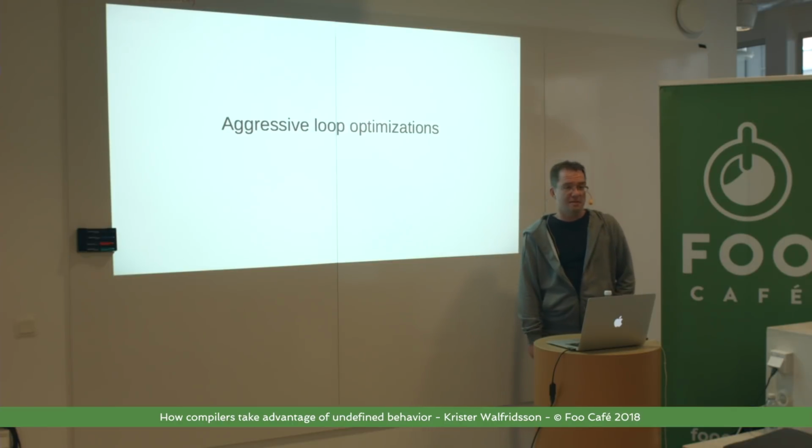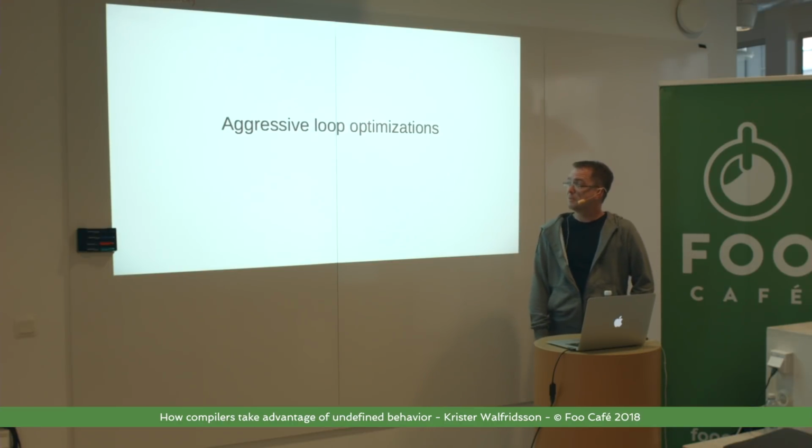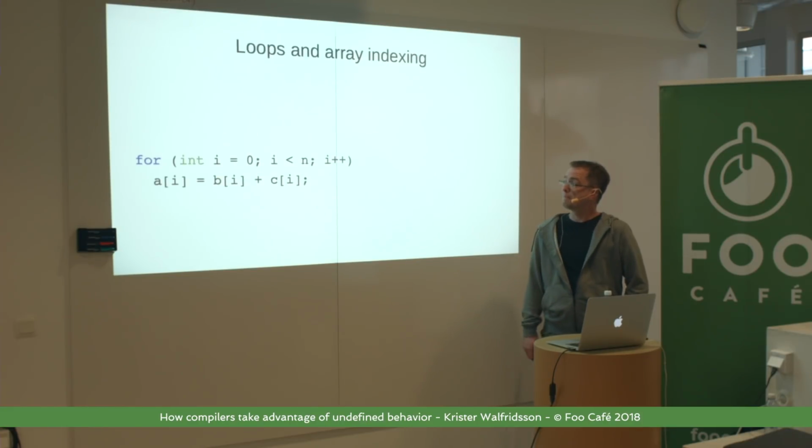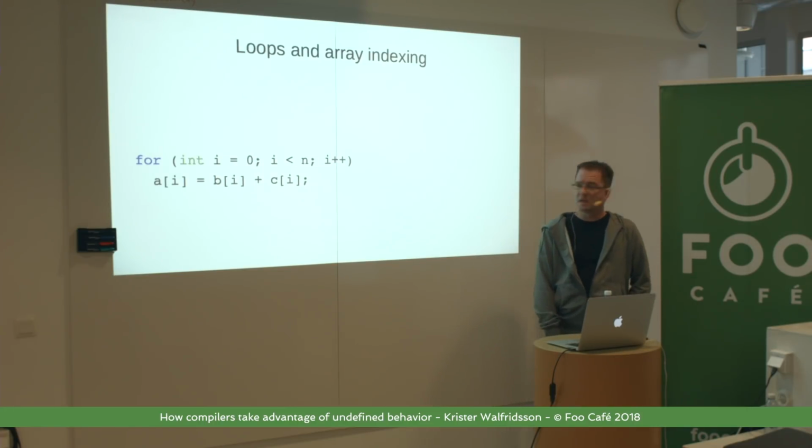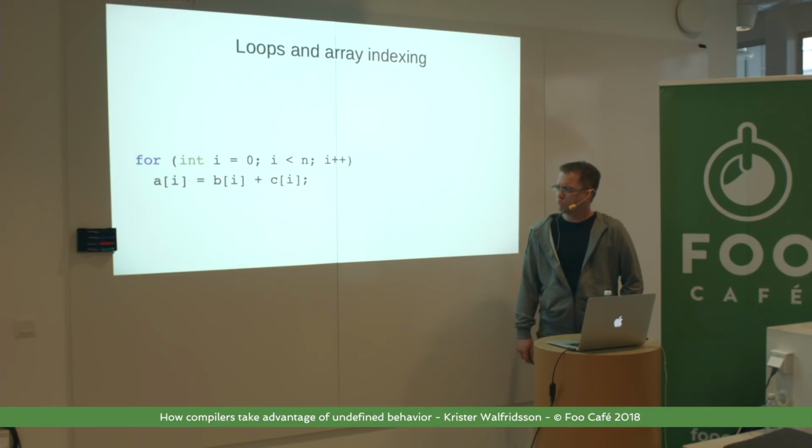One other thing that you often see discussions about, where people hate GCC, is the aggressive loop optimizations. So let's say we have a loop like this. It's a little bit unclear to the compiler what to do here. It's a good candidate for vectorization, but that depends on the value of n. If you have small loops, then there's a lot of overhead doing vectorization, so that is bad. If it's small, then maybe you should do some partial unrolling, and there are different options.